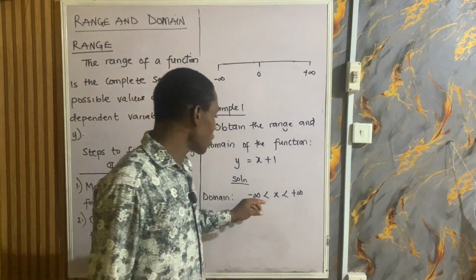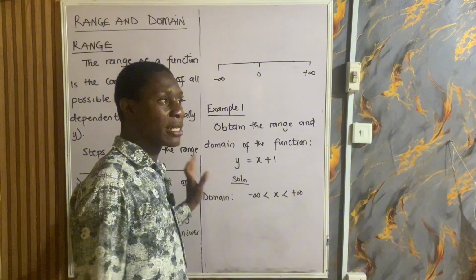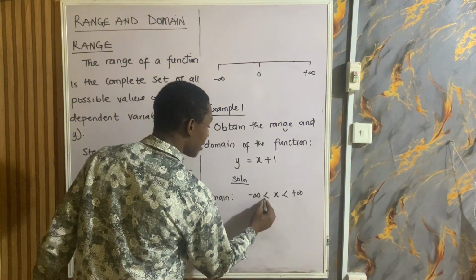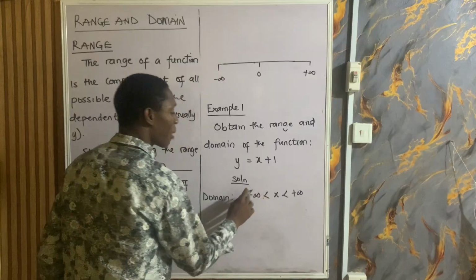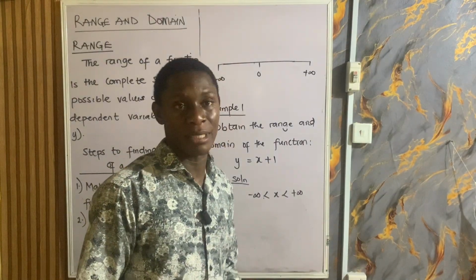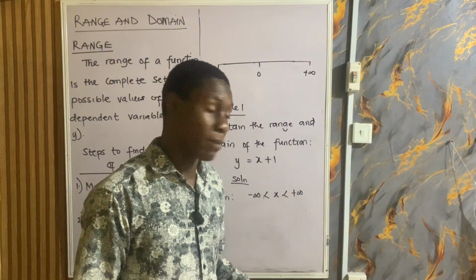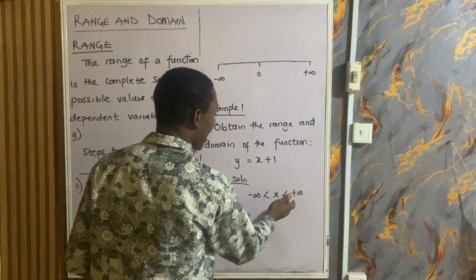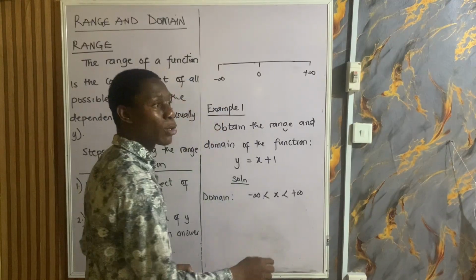Now, if you watch here carefully, we say x is greater than negative infinity. I'm not going to say x is greater than or equal to. No, that's wrong to say when you talk about infinity. Why? Because x cannot actually be infinity. And the reason is because infinity is not actually a number. Remember. And so the same way for x less than positive infinity, I wouldn't put less than or equal to.